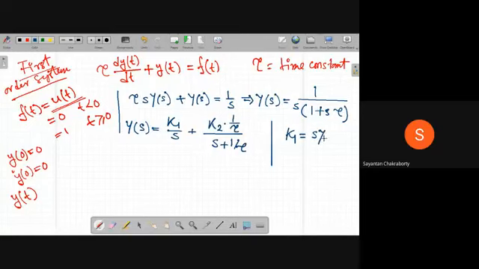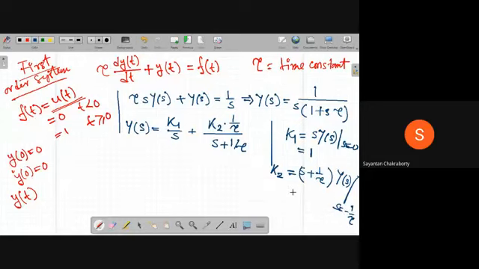What is your k1? That is s Ys at s equal to 0, so this will come out to be 1. And k2 is Ys calculated at s equal to minus 1 by tau, so this will be your minus tau.